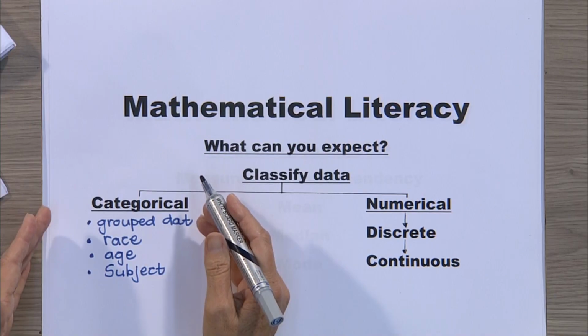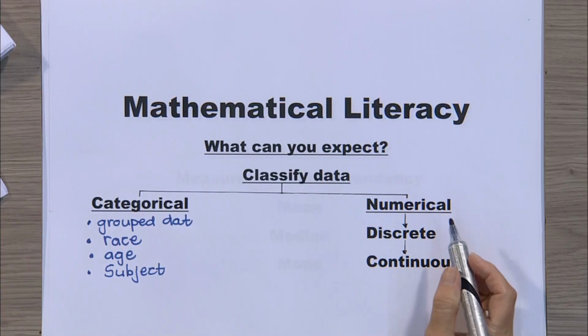That is why it is categorized into different categories. There are no numbers there. If you take the subjects that you take at school and put them in certain categories, that's categorical data. Different races and different age groups are all categorical.